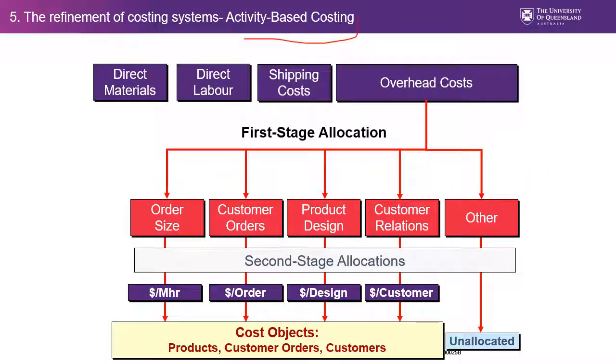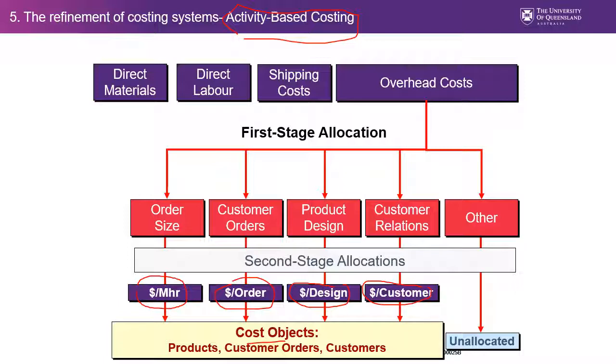So in an activity-based costing system, which we're going to cover in the next class, a more refined system than a traditional or department-based system, we gather together our overhead costs and allocate them to different activities. Then those activities are allocated, based on different cost allocation bases, to different cost objects.